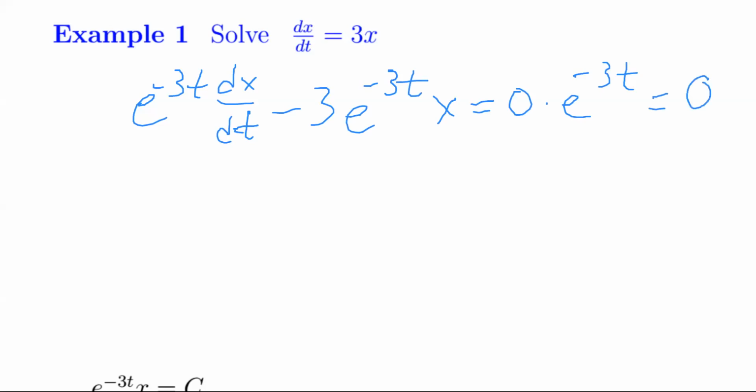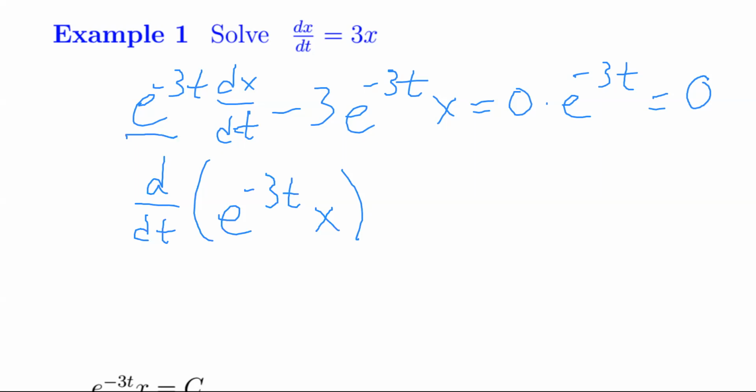Then notice this left-hand side is, in fact, the derivative of e to the negative 3t times x. Remember, x is a function of t. So if we take that derivative using the product rule, we get the first, e to the negative 3t, times the derivative of the second, plus the derivative of the first times the second, which is just x.